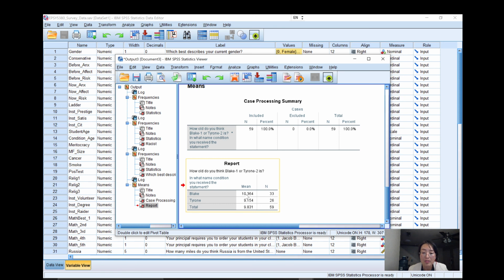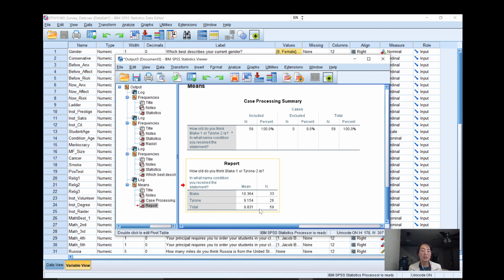The mean age for Blake is 10.364, and for Tyrone is 9.154. What it means here is that there is a little bit of age difference, and you basically have a general idea how people responded and how different they are.